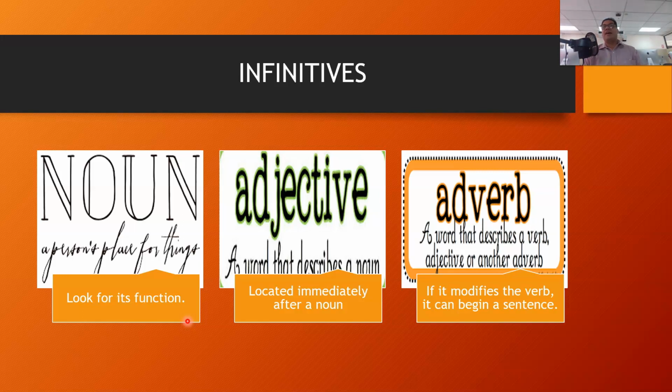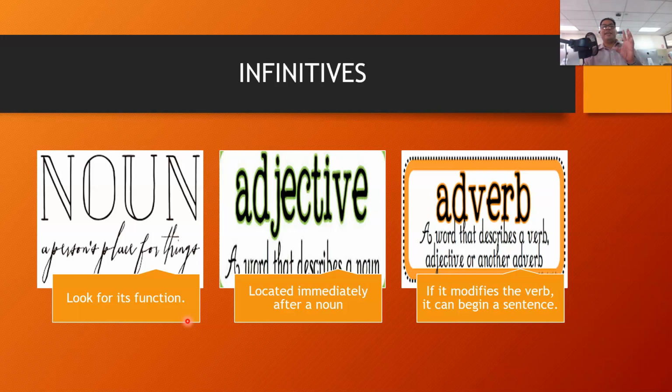Then we have infinitives acting as adverbs. Remember, an adverb can modify a verb, an adjective, and also another adverb. In some cases it is easy to figure out that an infinitive is acting as an adverb, but sometimes it's a little harder.